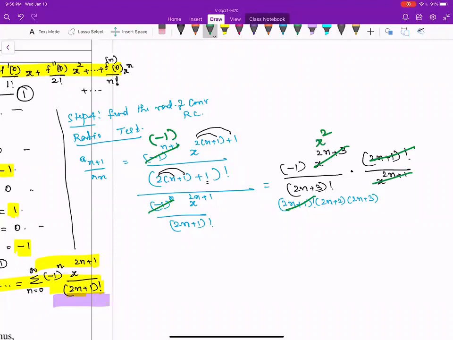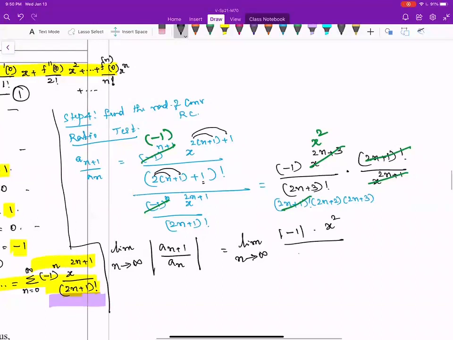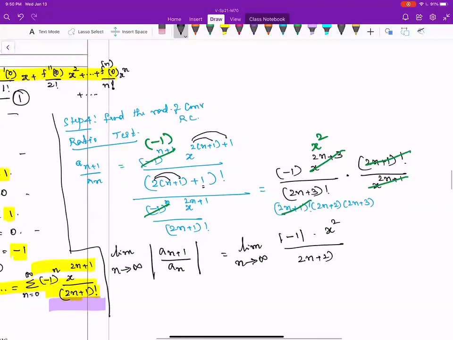So you are going to write the absolute value and then take the limit, as n approaching infinity, of the absolute value of the ratio of the n plus first over the nth term. So it will be the limit as n approaches infinity of the absolute value of negative 1 times x square divided by 2n plus 2 times 2n plus 3.